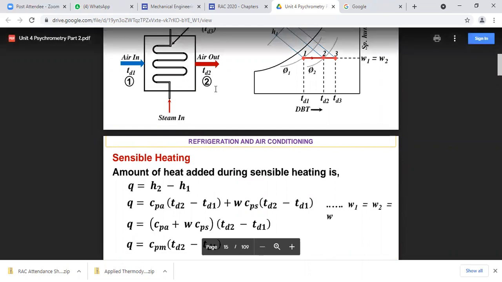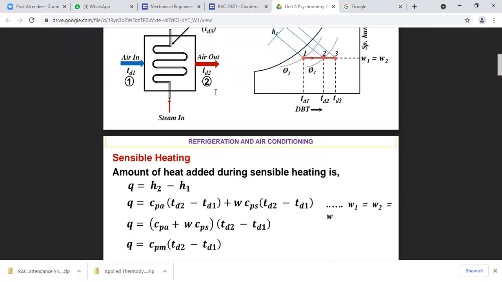So at point 2 you are finding that this is the CP. Suppose we are considering mass as 1 kg. Also we can write here CPA (TD2 minus TD1). CPA is the specific heat of the air, and TD2 minus TD1 is the temperature difference, plus W into CPS into (TD2 minus TD1).